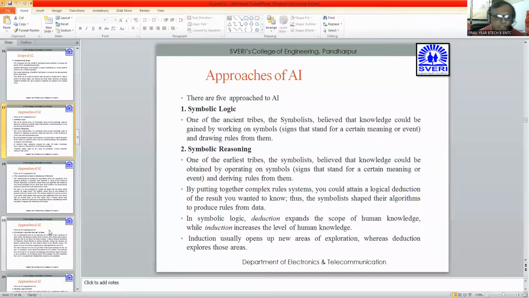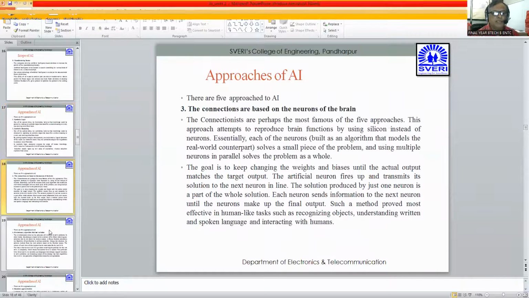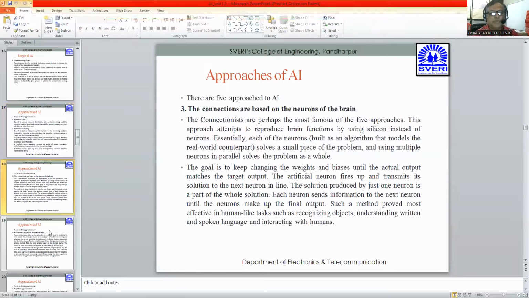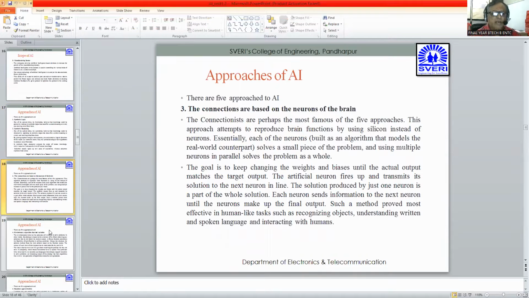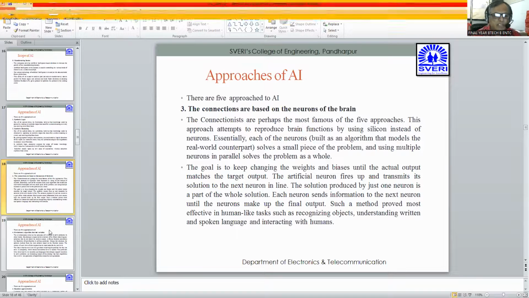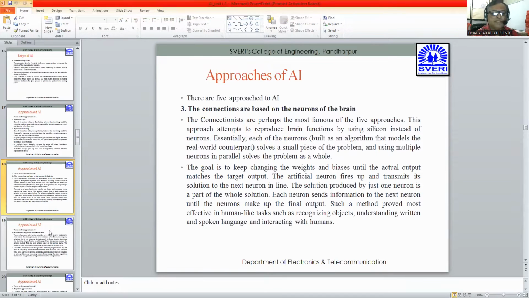Induction usually opens up new areas, whereas deduction will explore those areas. And this is the connection based on the neurons of the brain. This is one of the most famous of all the five approaches, and it is effective in human-like tasks such as recognizing objects, understanding written and spoken languages, and interacting with humans.